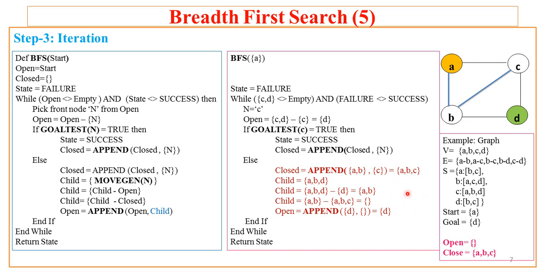So at this point of time it is clear that the algorithm basically traverses level wise. First it starts with A, next it visits B, and then it visits C. Now if you recall the state space search, you'll find that at root there was node A. At the next level the immediate successors of A were appearing, that is B and C, and after that all the successors of B and C were appearing at the next level.